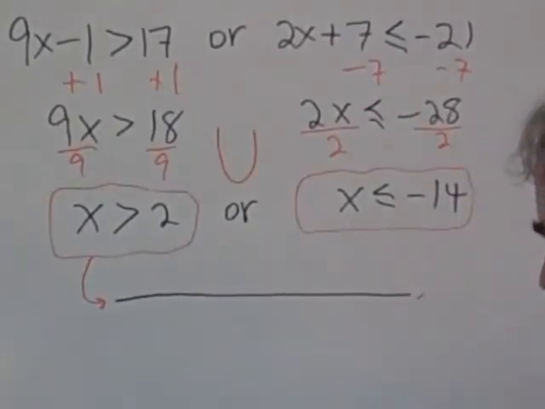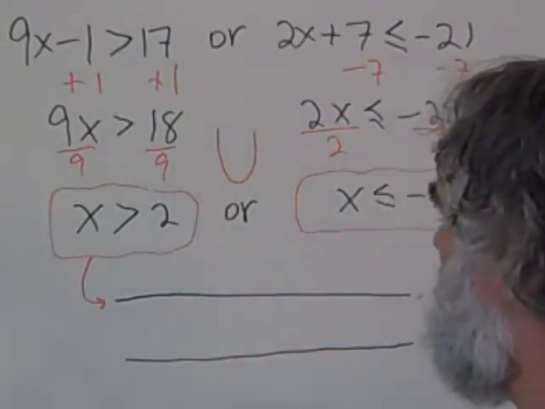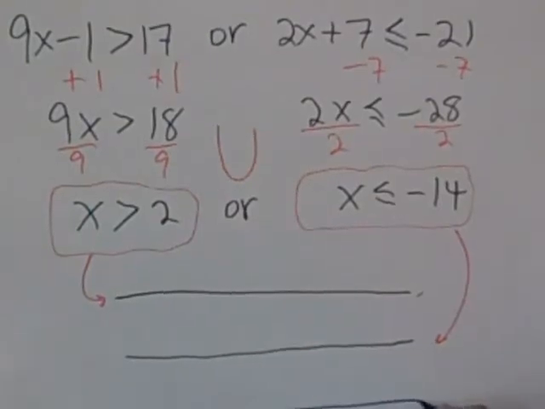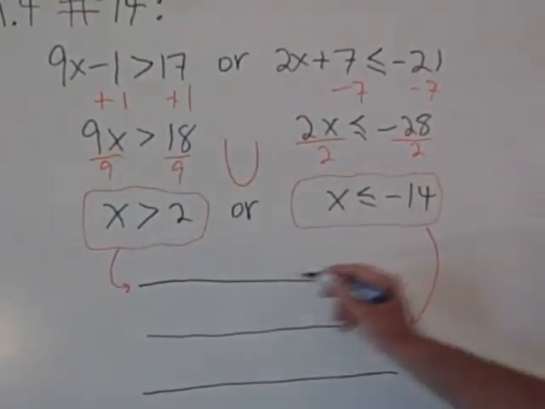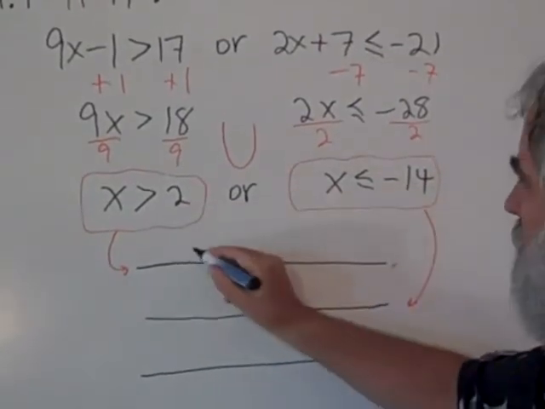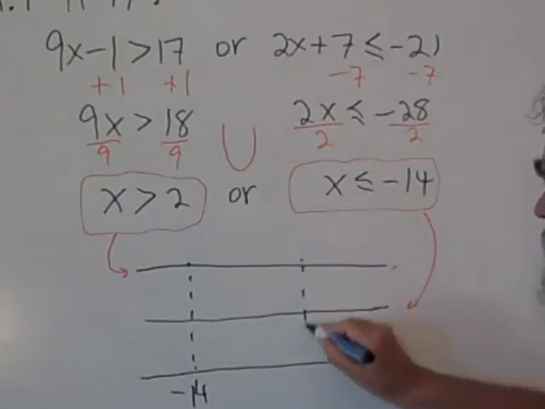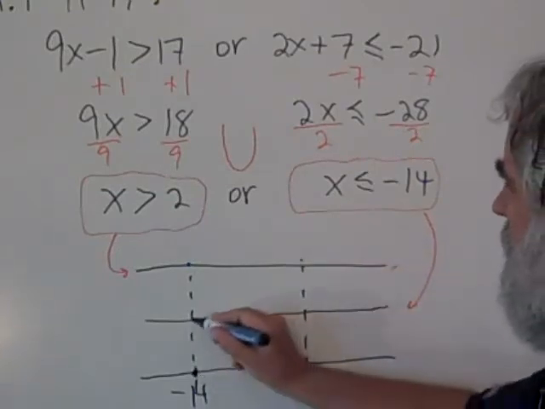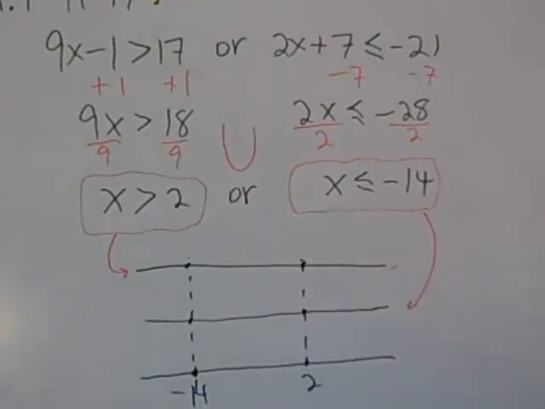The second solution set we'll graph on a second line, and then we'll put the solution we're looking for of the compound inequality on the third line. We need a negative 14 and a 2 on our number line, so negative 14 is to the left of 2. Here's negative 14 on each number line, and here's the number 2 on each of these three number lines.